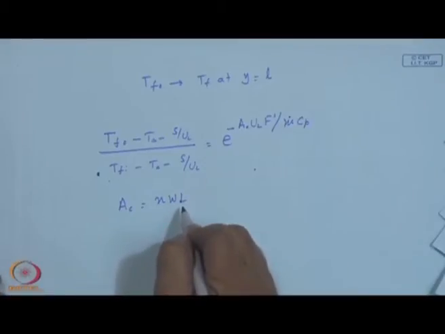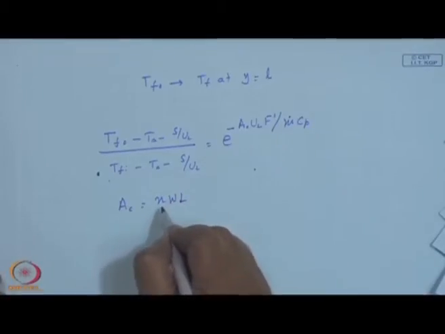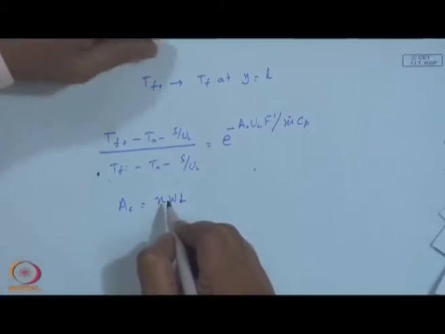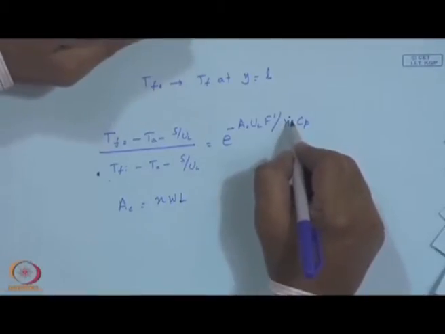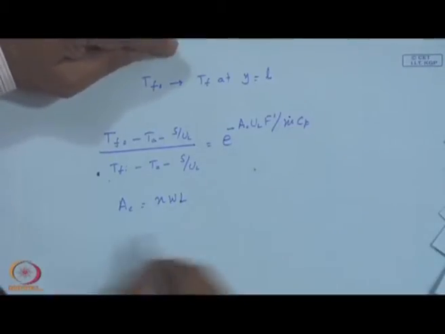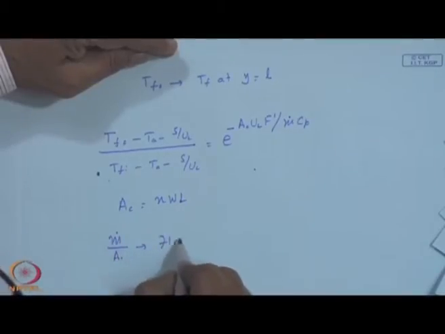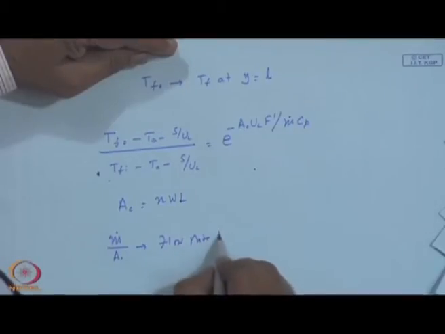If L is the length of the tube and W is the width times n, that will be the total collector area. Now, you may have this A c by m dot, which is nothing but m dot by A c in the denominator. So, you may have m dot by A c, the flow rate per unit area.